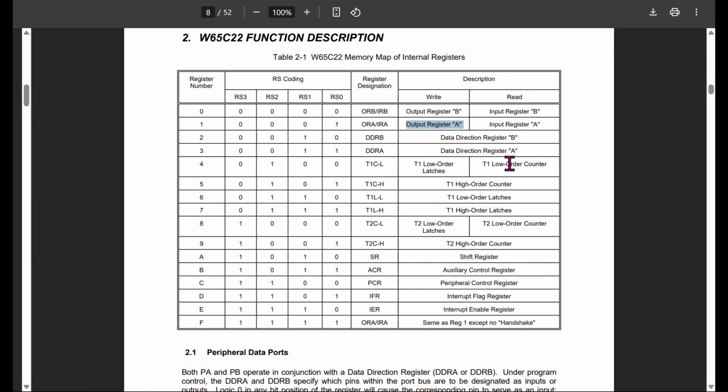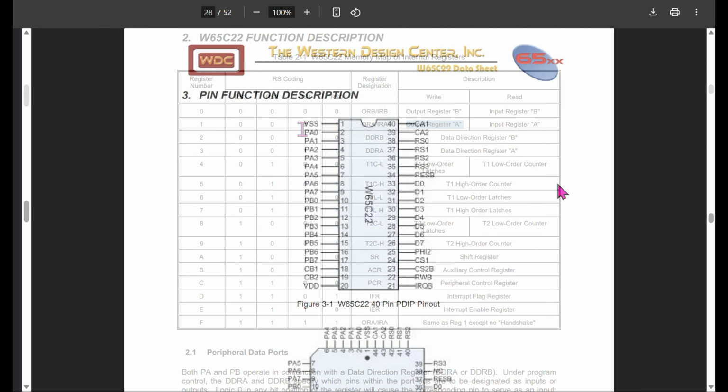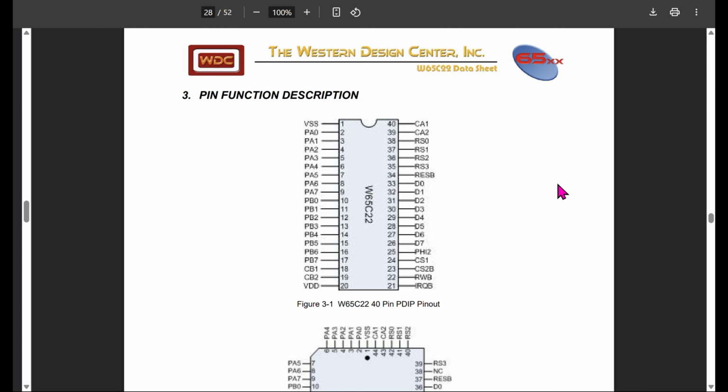The best way to look at this is going to be via an example. But for the moment, let's concentrate on wiring it up. When we're wiring it up, there's plenty of pins that are pretty obvious where they're going to go. The data pins are going to go to the data bus. VSS and VDD are going to go to the power supply.